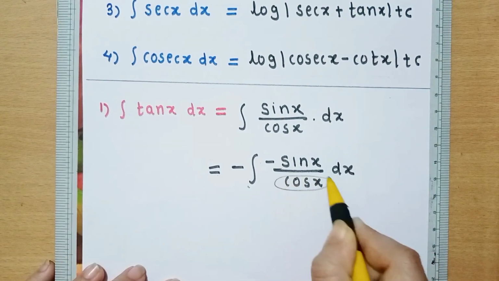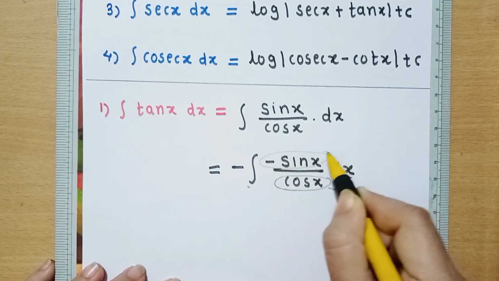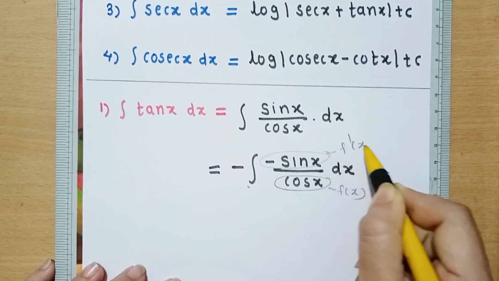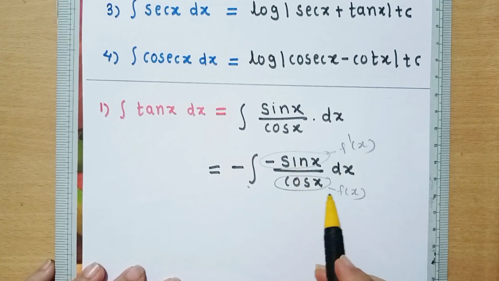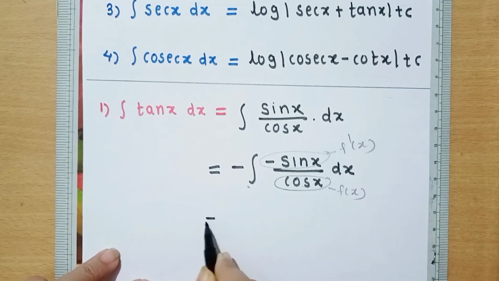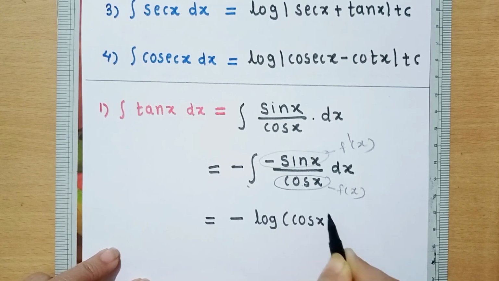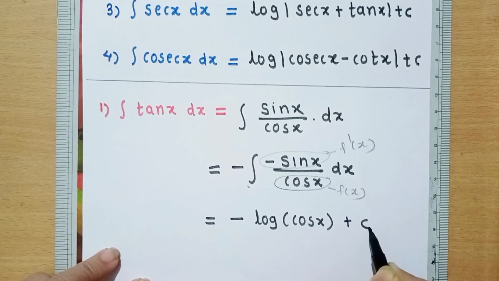We consider the denominator as f of x, and the derivative of cos x, minus sine x, is f dash of x. If the function is of this form, we directly write the answer as log of the denominator. So this is equal to minus log of cos of x plus c.